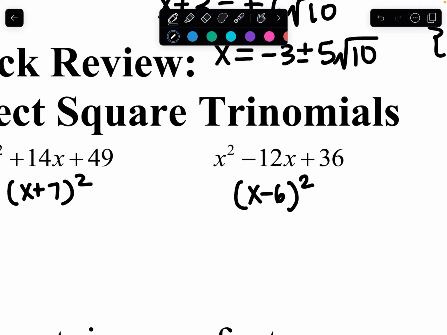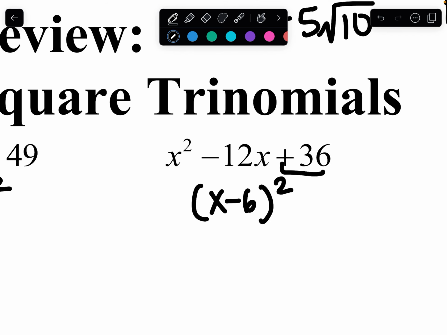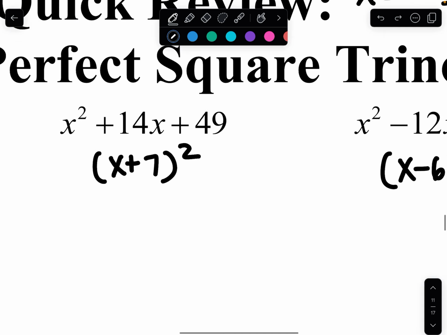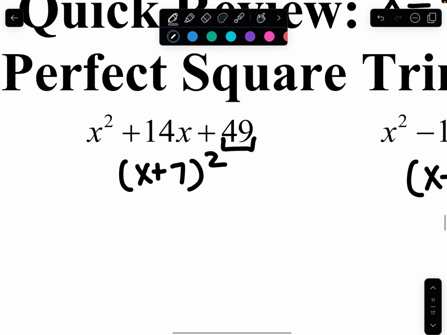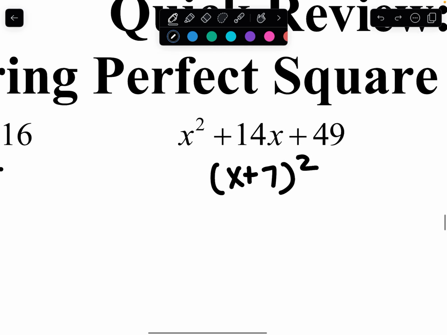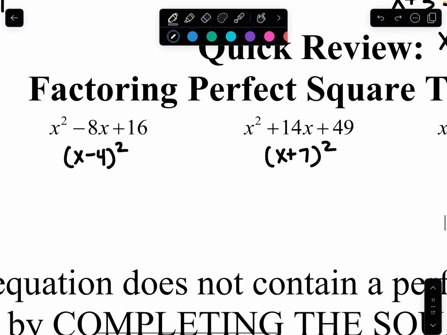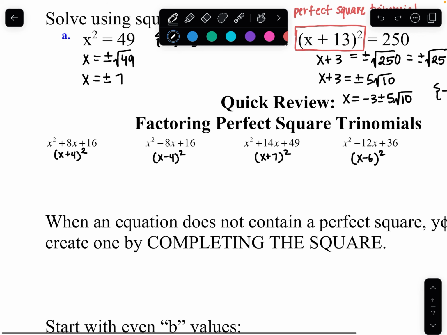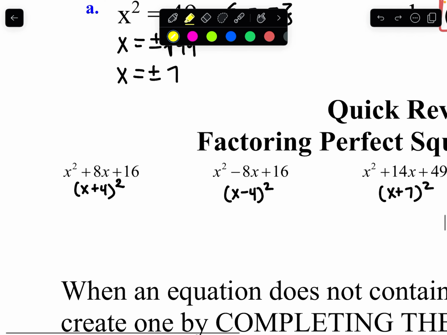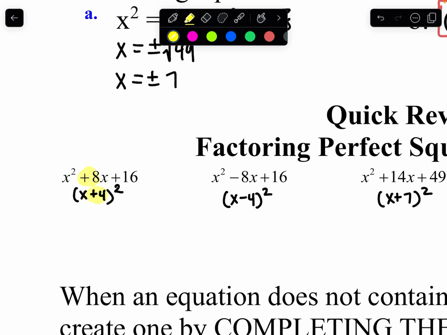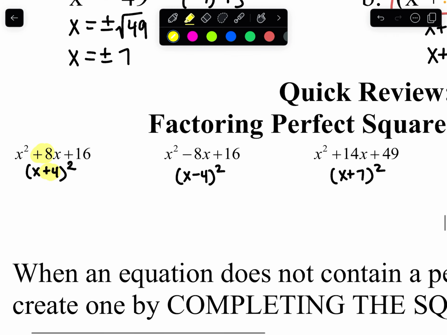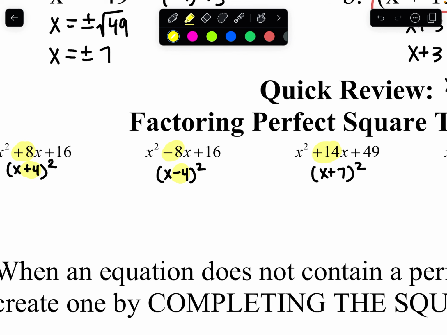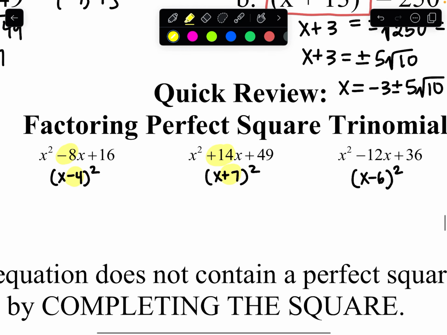Looking for two numbers that multiply to positive 36 and add to negative 12, that would be negative 6 and negative 6. Two numbers that multiply to 49 but add to 14 are 7 and 7. And so that's how I was factoring these. A pattern you may notice is that the number inside the parentheses is exactly half of your b value, same sign and everything.